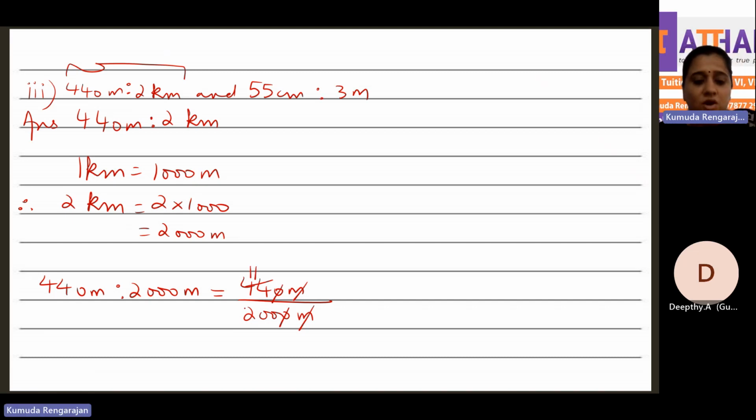Denominator is 50. Can we simplify further? No. So it is 11 by 50. Correct? Do the next one and let me know if it's in proportion.